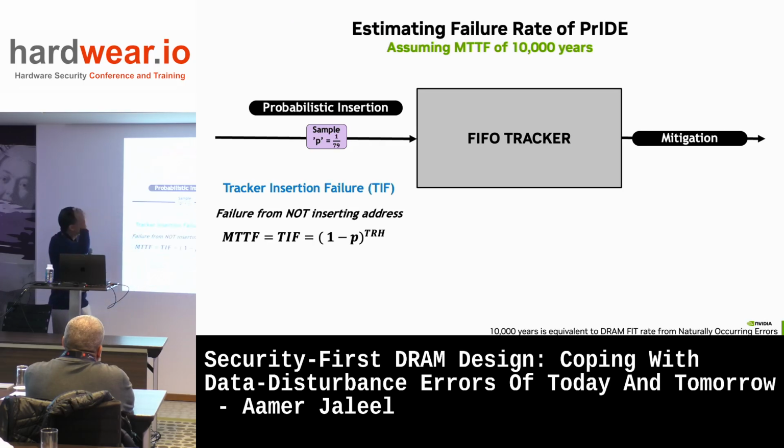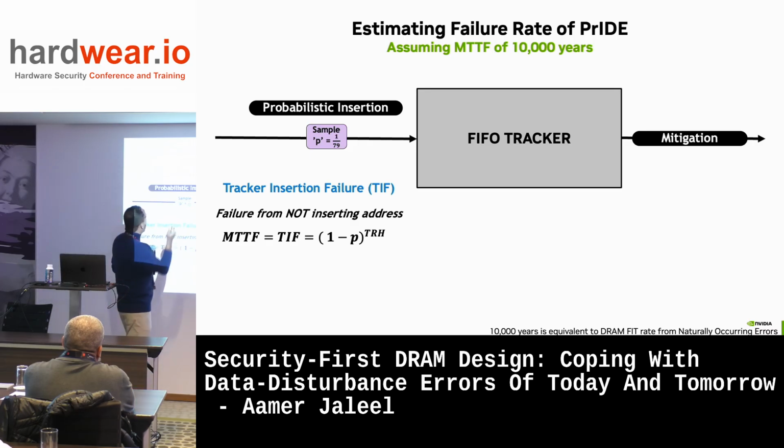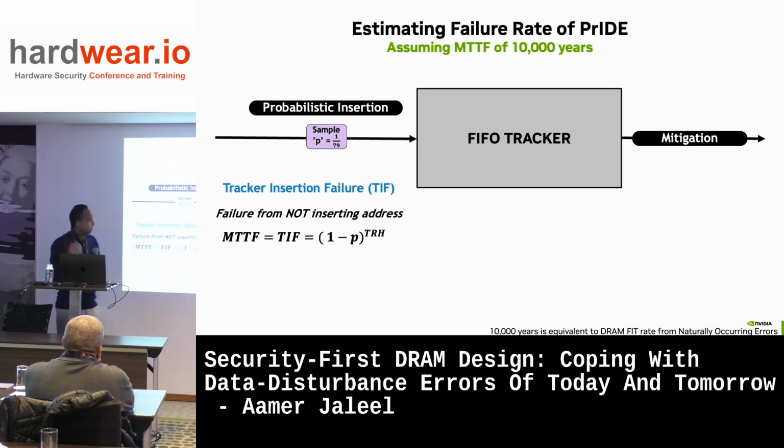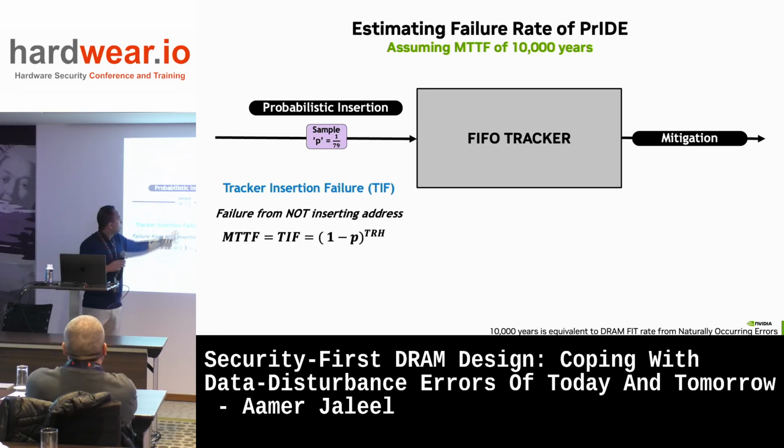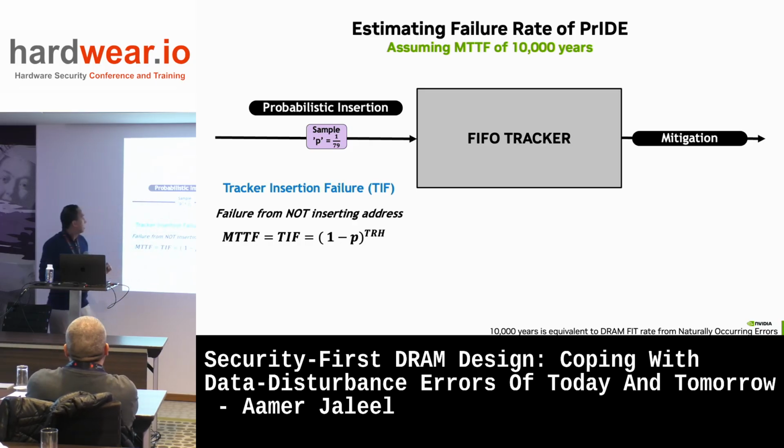So there you have it. Now we have a tracker that has probabilistic insertion, fairly simple, right? And we can now start bounding the failure rate. So let's assume that we have a mean time to failure of 10,000 years, which is equivalent to the DRAM FIT rate. So using that, if we have a probability of insertion of P, right?